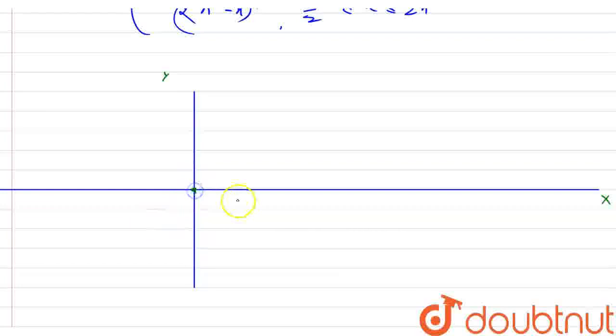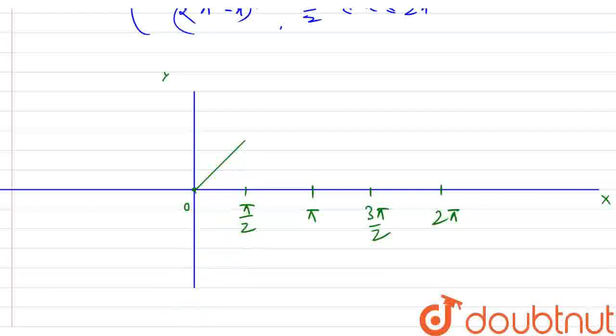Let me write some angles: 0, pi by 2, here pi, here 3 pi by 2, here 2 pi. Now from 0 to pi by 2 there should be a single straight line, because we have x only.